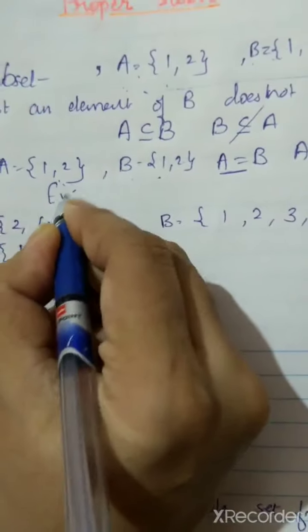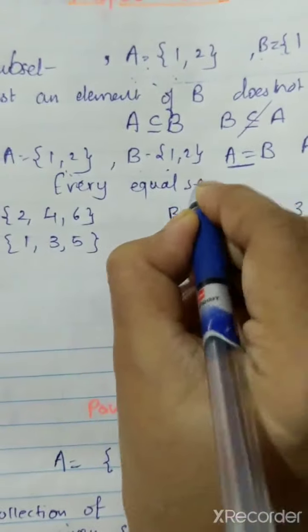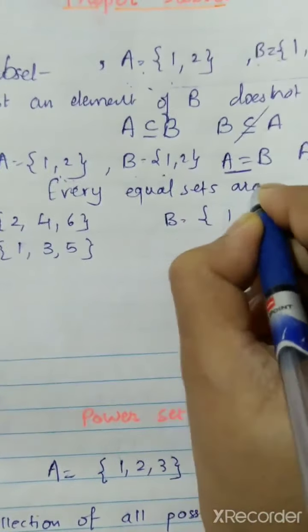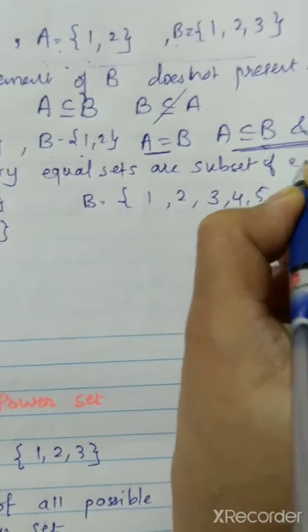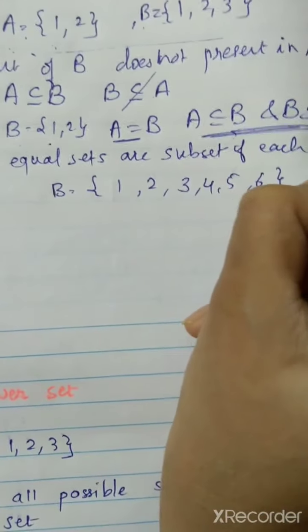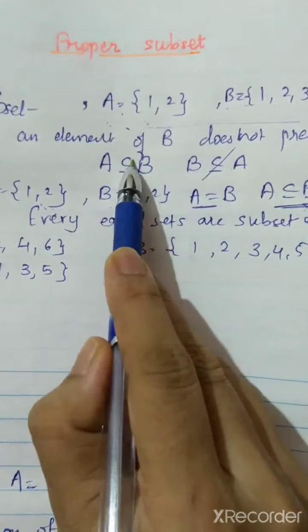I'll write over here: every equal sets are subset of each other. And this is the definition of subset.